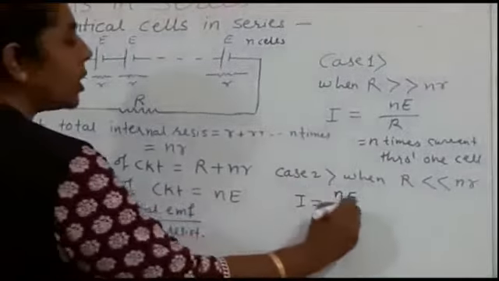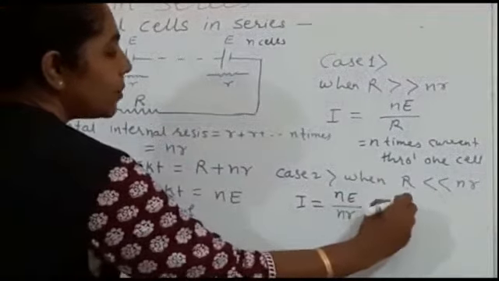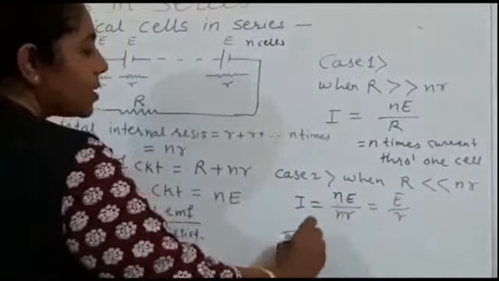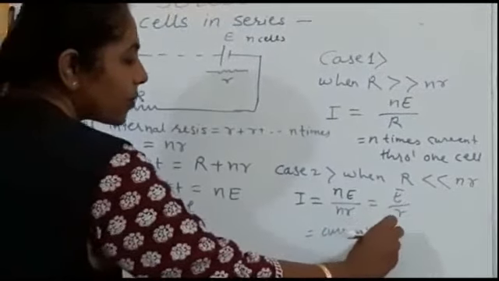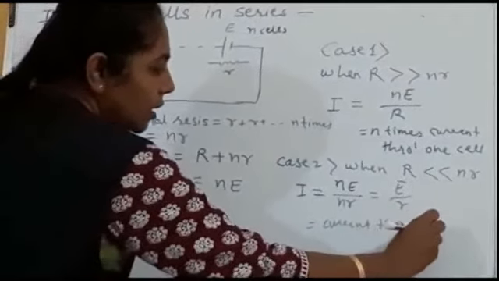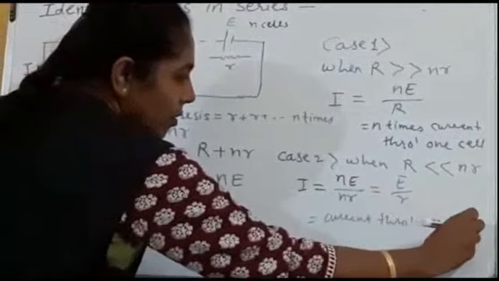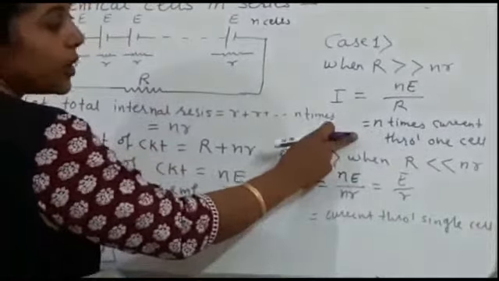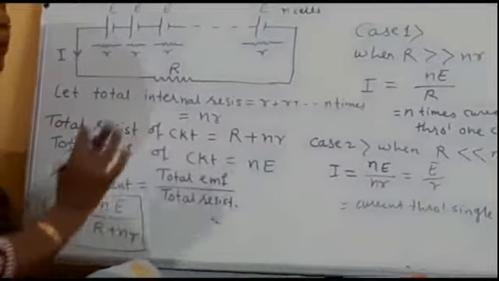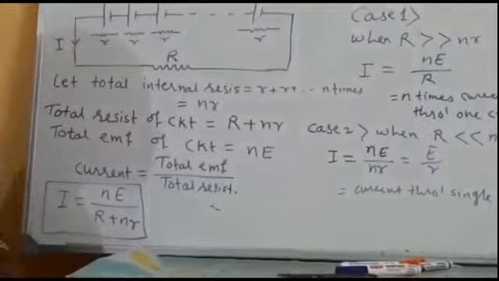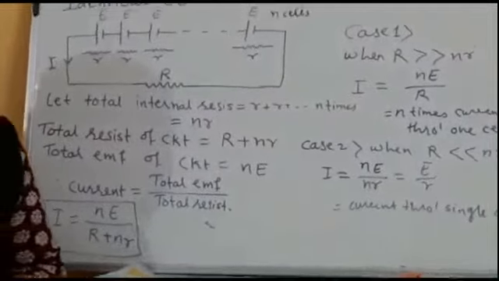So nE upon nr. So you will get simply E by r, that is current through a single cell. So see, in the first situation you are getting n times the current through the single cell, and here simply you are getting the current through the single cell.